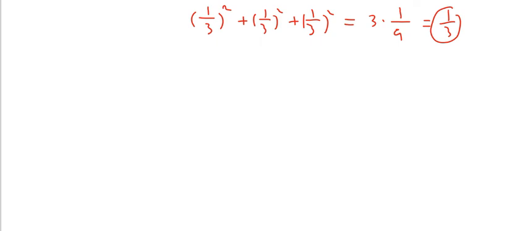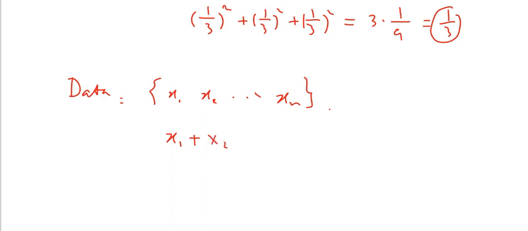Suppose the data is just those numbers X1, X2, Xn. You can produce, for example, X1 plus X2 up to Xn over n, which is a linear combination of X1, X2.